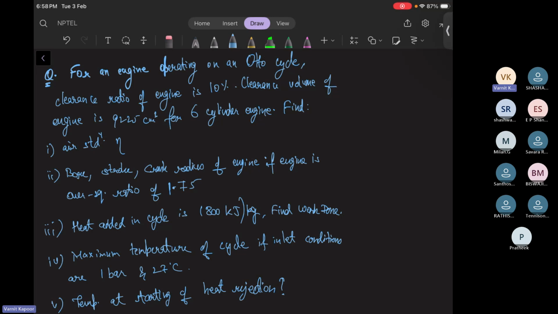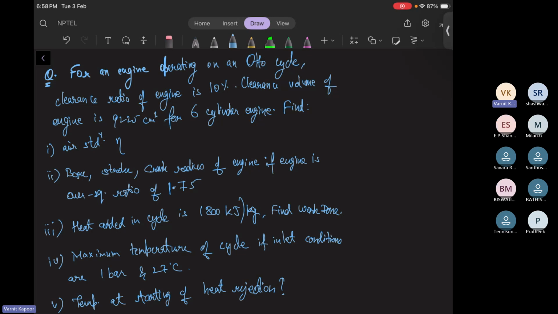Ravindran, bore value. What is the bore value?